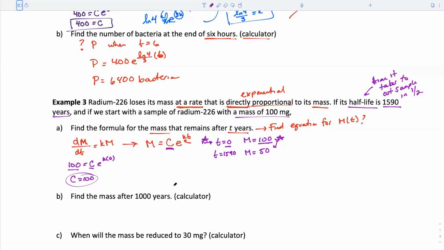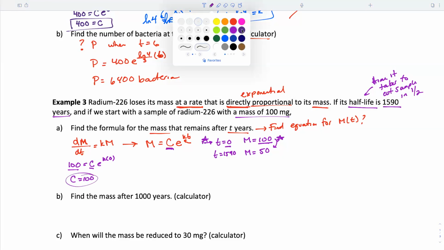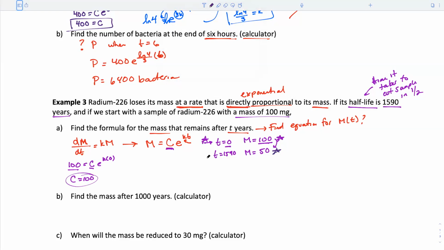So we got our c, and now we're going to use the second point to solve for k, knowing c. So for the second point, 50 equals 100 e to the k times 1590.